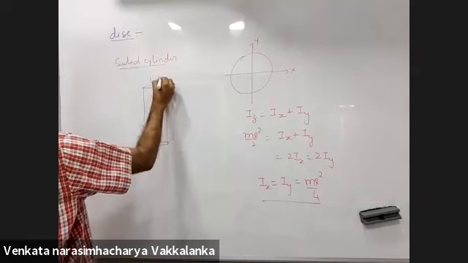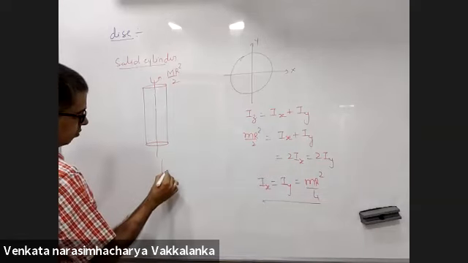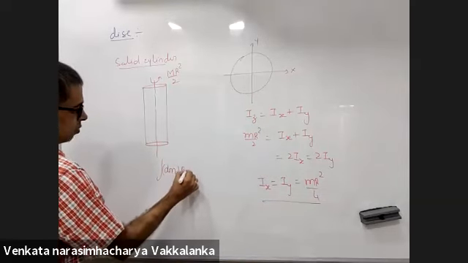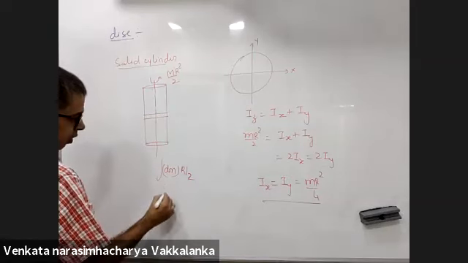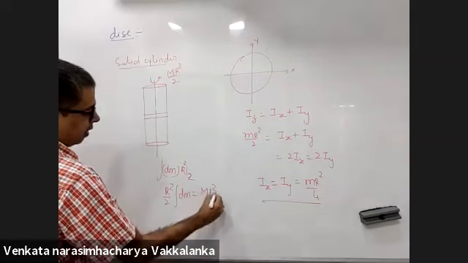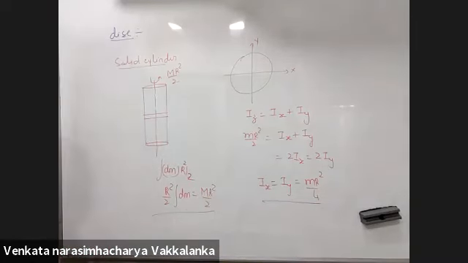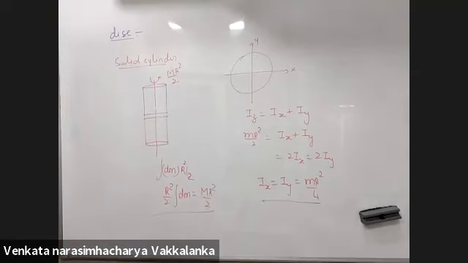About this axis, moment of inertia is capital M r square by 2, because for one element it would be dm r square by 2, and r is a constant. So r square by 2 integral dm turns out to be capital M r square by 2. Pile up 1 rupee coins one over the other and you get a solid cylinder. The formula is the same, only the mass increases.